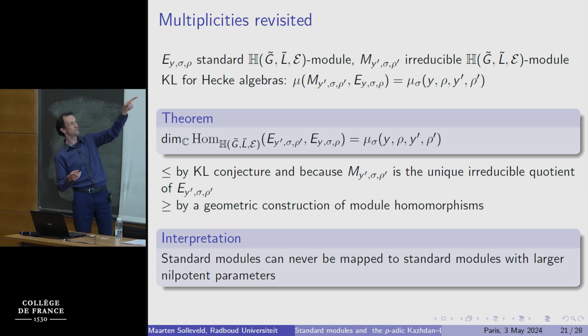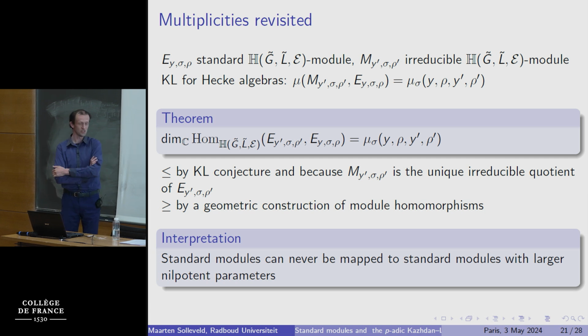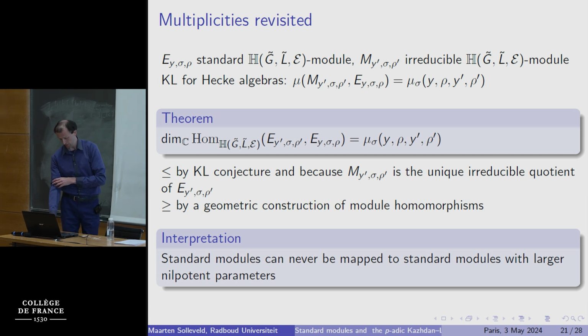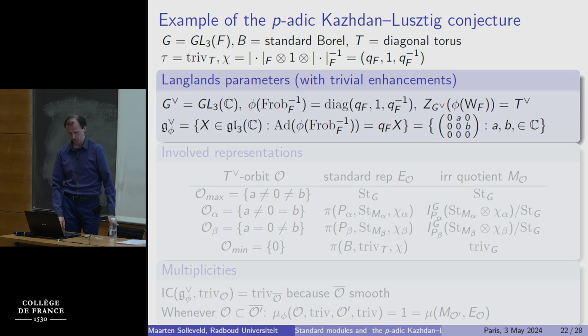Well, okay, there's a condition on the ρ and the ρ', but okay. So maybe that's not always, but in any case you can say it like this. A standard module will not map to another standard module where the nilpotent parameter is in a larger orbit. And so this is going to tell you something about properties of standard modules and their quotients.